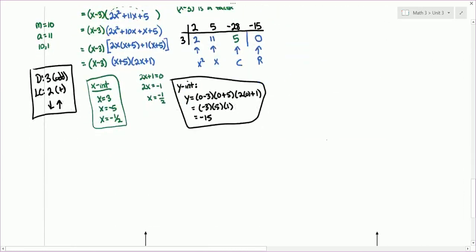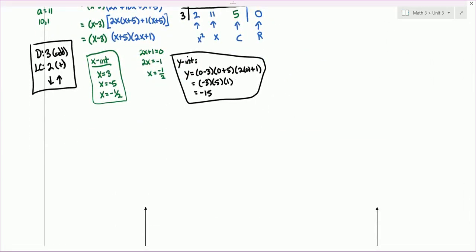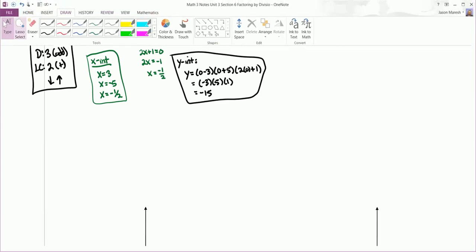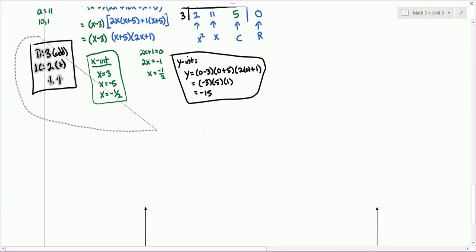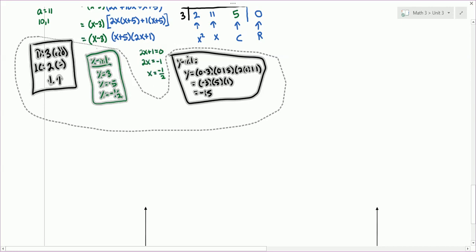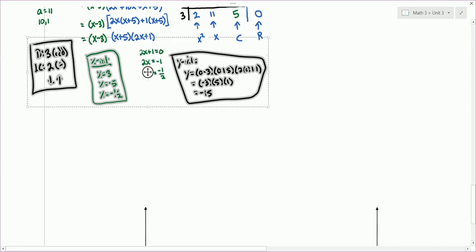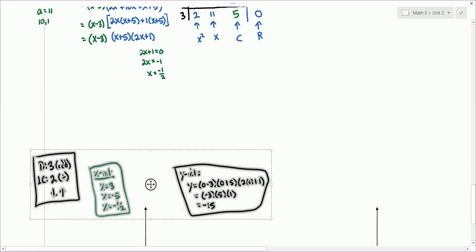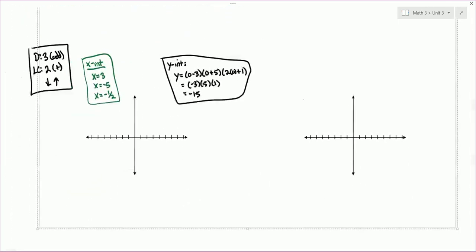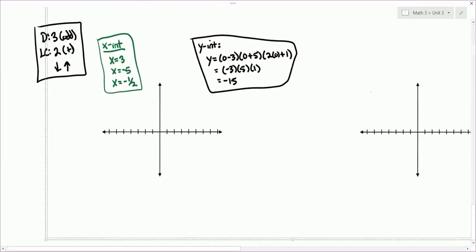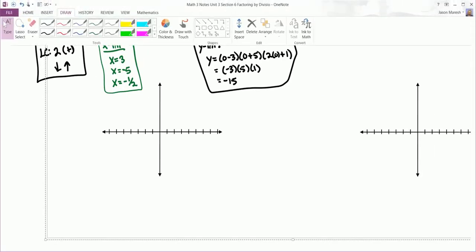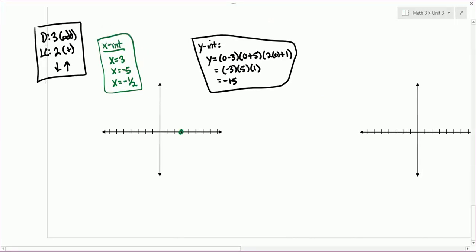Let's put all that together in our graph. So we have x-intercepts at 3, negative 5, and negative 1/2.